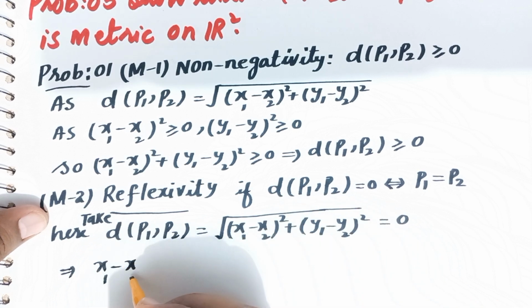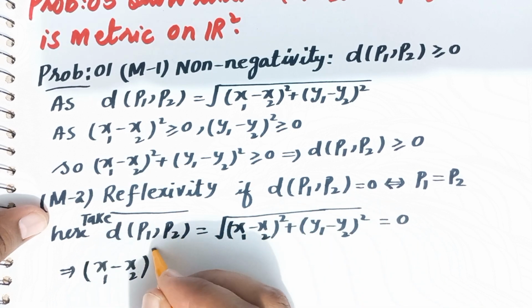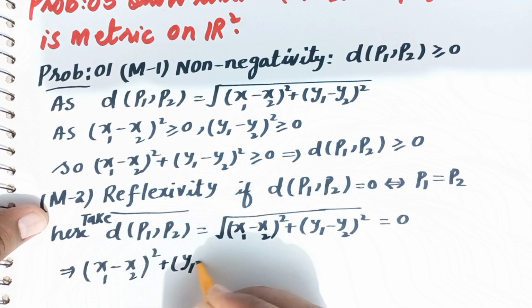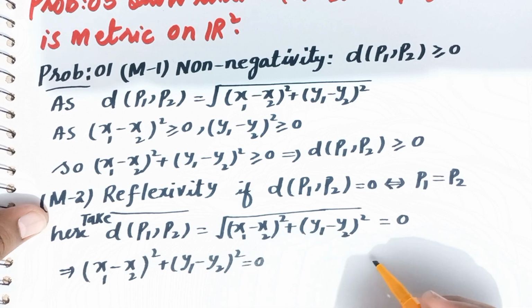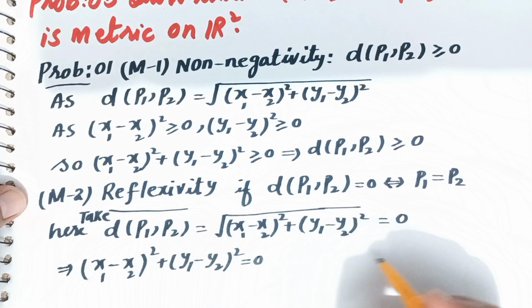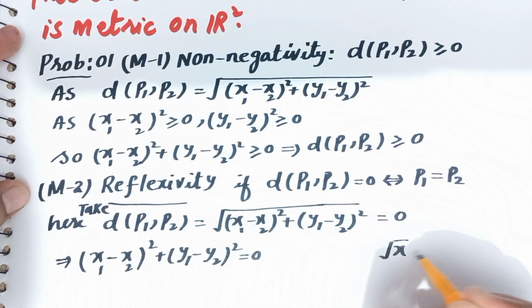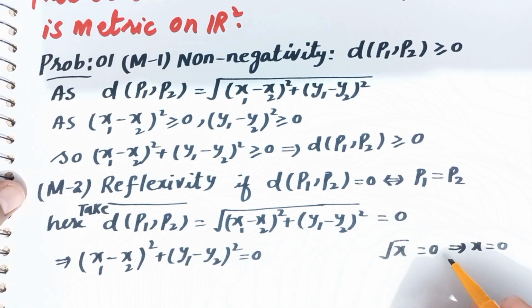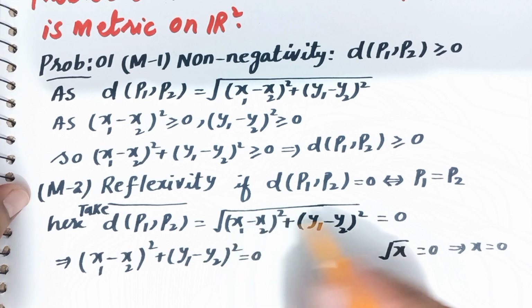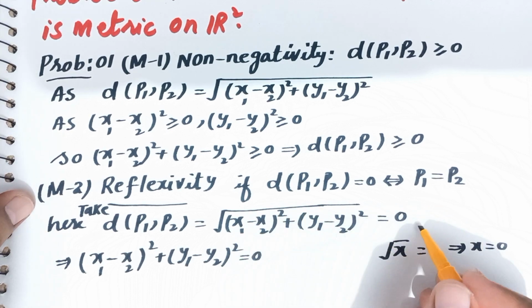So here (x1 minus x2) whole square plus (y1 minus y2) whole square is equal to 0. I hope you are clear. As we say that under root x is equal to 0 is possible only when x is equal to 0, in the similar manner, here this square root is equal to 0 when the number inside the square root is equal to 0.